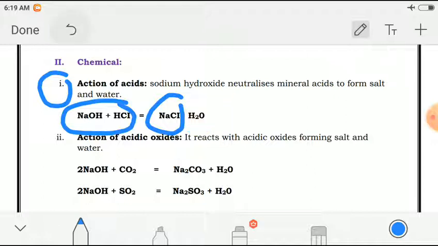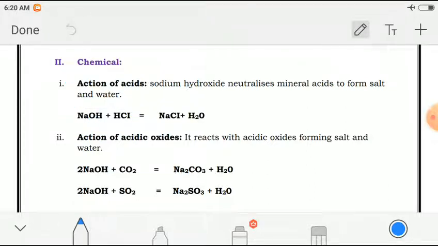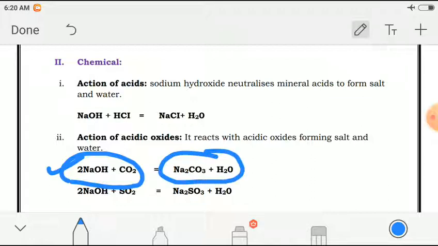Now we will see the action of acidic oxides. That means it reacts with acid oxide forming salt and water. Again, see first reaction, NaOH reacts with the carbon dioxide, which is acidic oxide, it will form sodium carbonate plus H2O.